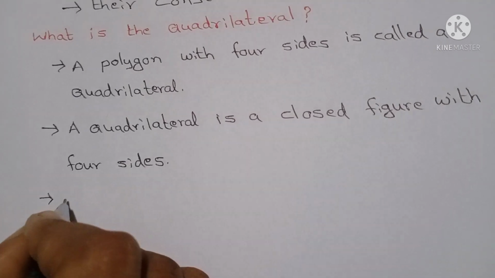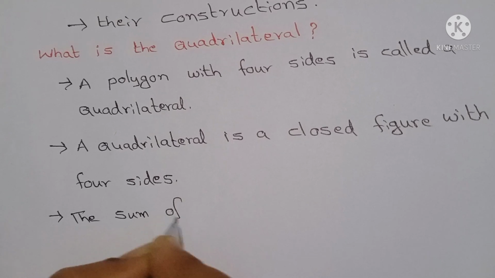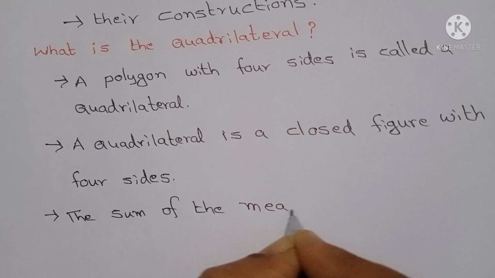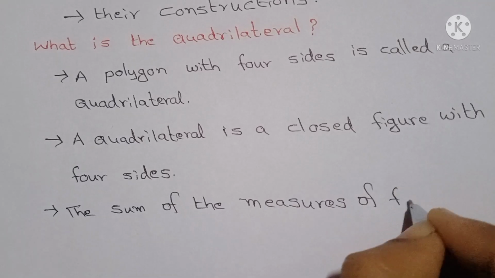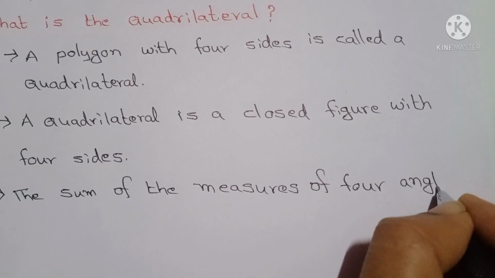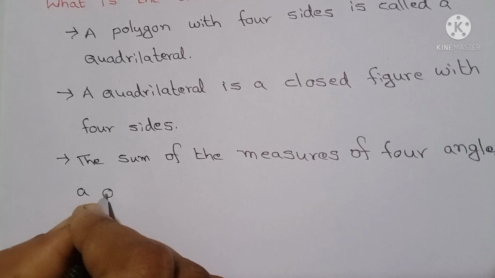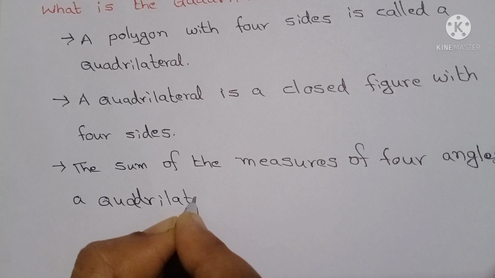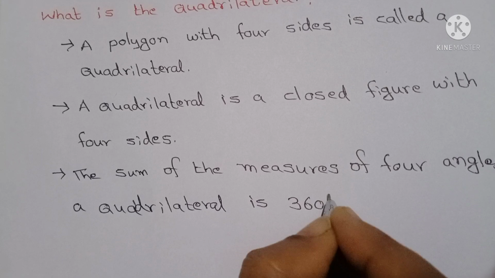In this quadrilateral, the sum of the measures of the four angles of a quadrilateral is 360 degrees.